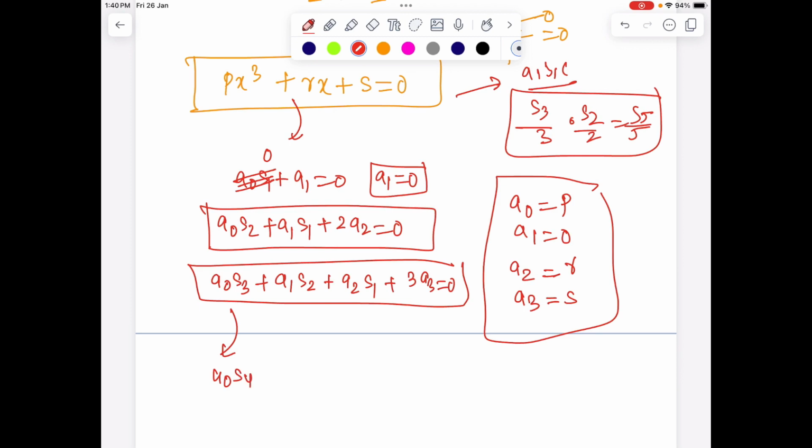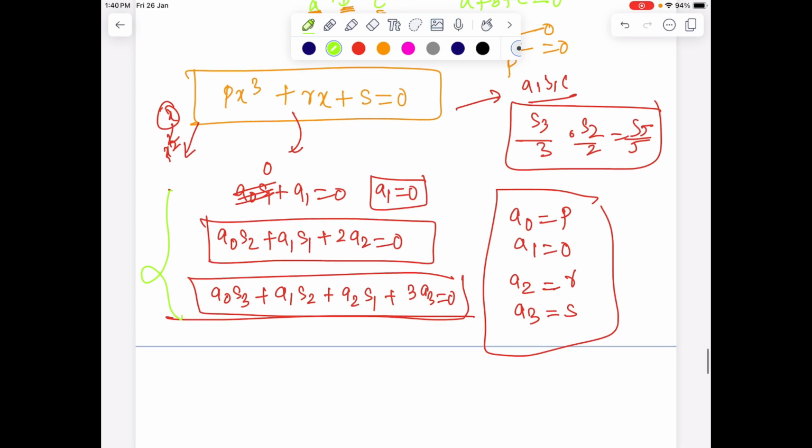Then we have A0 S4 plus A1 and so on, because from now onwards, after degree 3, I can just multiply with x and add all the roots, and then again multiply with x square and add all the roots. Till 3 we have to use Newton's sums; after that it is very obvious. So let's calculate. A1 is 0, so this term is gone.